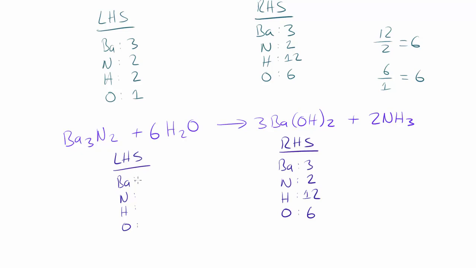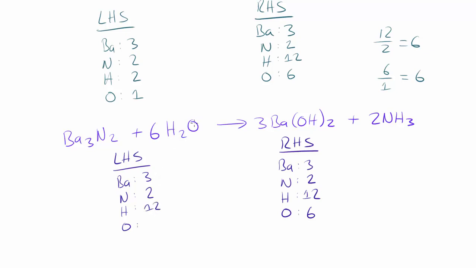In the case of barium, we're going to have a 3. We didn't put anything in front of that, so that's fine. Nitrogen is not going to change. We didn't change anything with regards to the nitrogen, so that's still going to be 2. But in the case of the hydrogen and the oxygen, we put 6 in front of it, so it's going to be 6 times 2, which is 12, right?